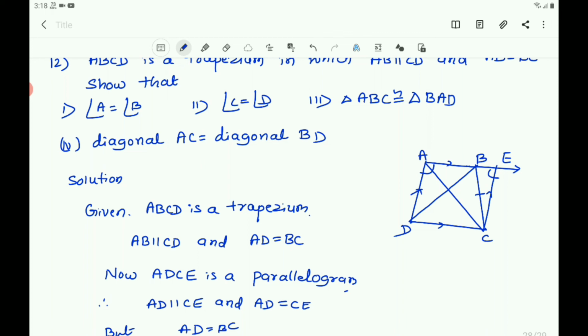Also you can take, they are the adjacent angles of the parallelogram. Consecutive angles of a parallelogram are supplementary. Or if you consider AE is a transversal of the parallel lines AD parallel to CE, angle DAE and angle E are the interior angles on the same side of the transversal AE. That also you can take.